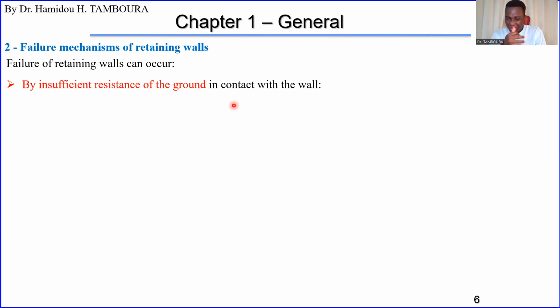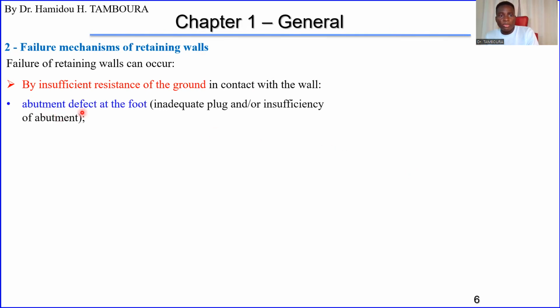In this category, I will give you two cases, and each case will come with examples. The first case is abutment deflection at the foot, meaning at the bottom of the excavation, for example. That happens when the plug is not enough.